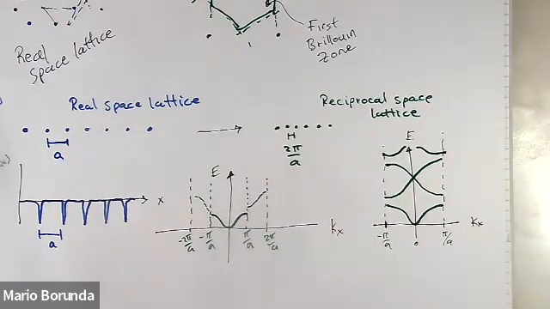So that's the band structure in one dimension. So this is the band structure for this one-dimensional problem. There's states up to this energy, then there's a band gap. There's a state up to this energy, then there's a band gap, and so forth.